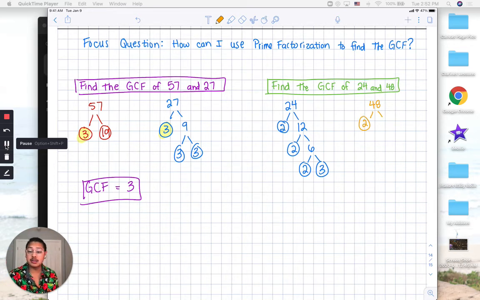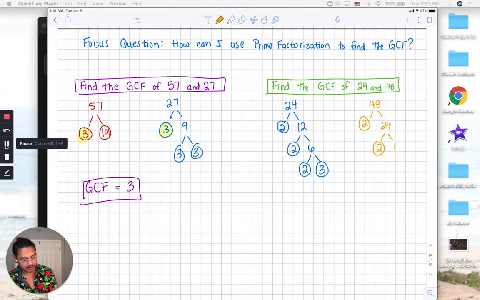Again, it's even, so automatically I know 2 is going to be the number right on the left. And 2 times 24 is going to give me 48. Is 24 prime? No, it's not. So I can break it down. It's even. So again, 2 is the smallest prime number other than 1.